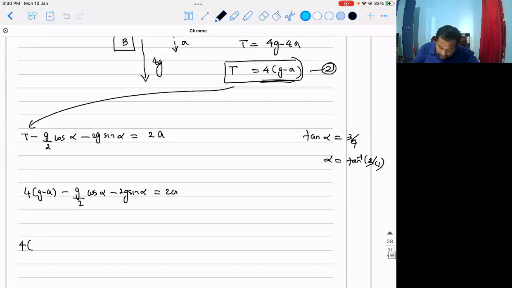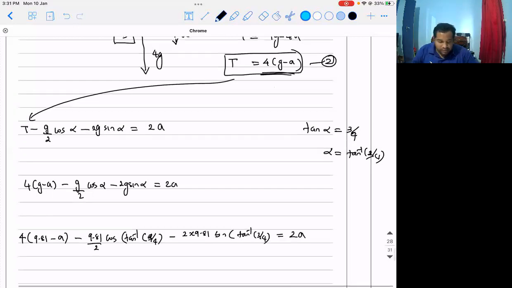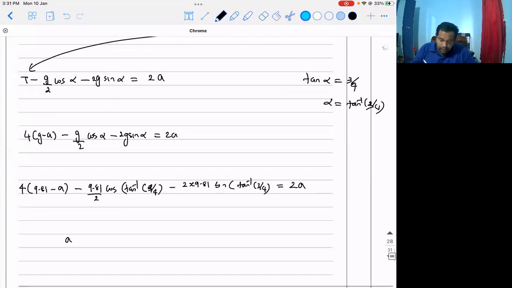So substitute: 4 times (9.81 minus a) minus (9.81/2) cos of tan inverse 3/4 minus 2 times 9.81 sine of tan inverse 3/4 is equal to 2a. From this, you try to make a the subject.